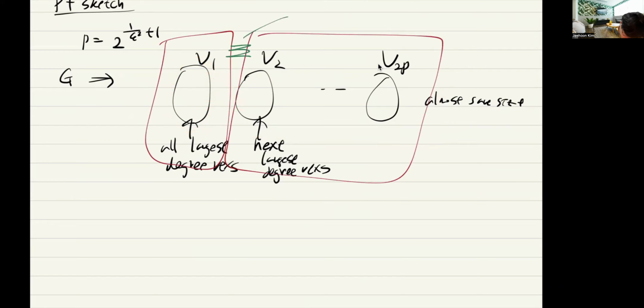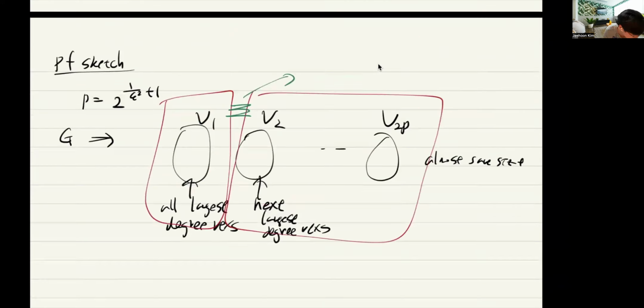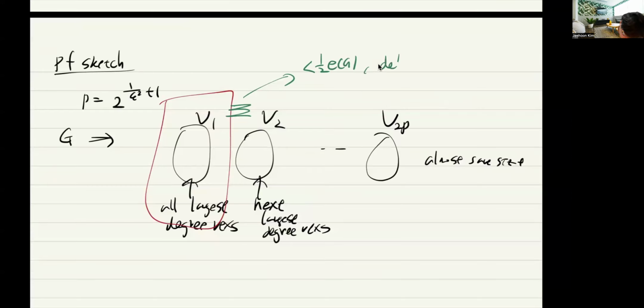If the number of edges between them is small, if it's less than half of E of G, then what? Then delete B1 and repeat.